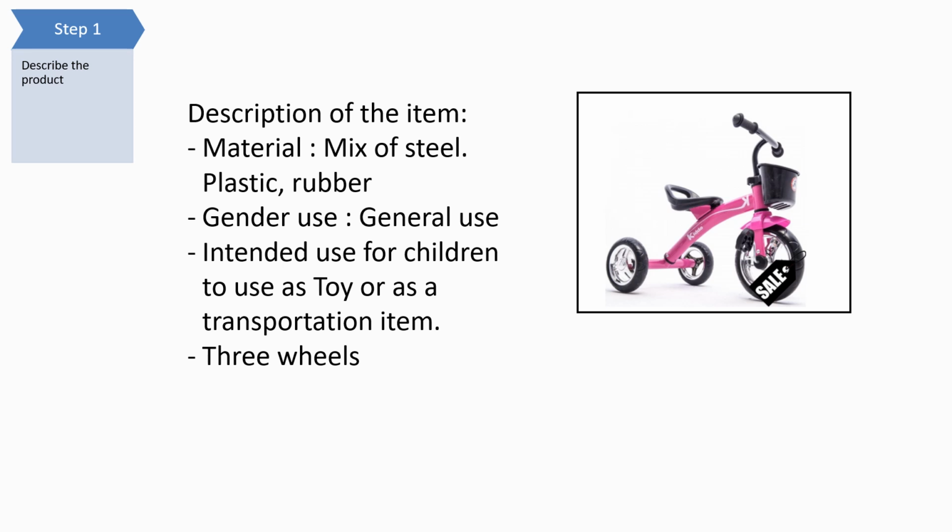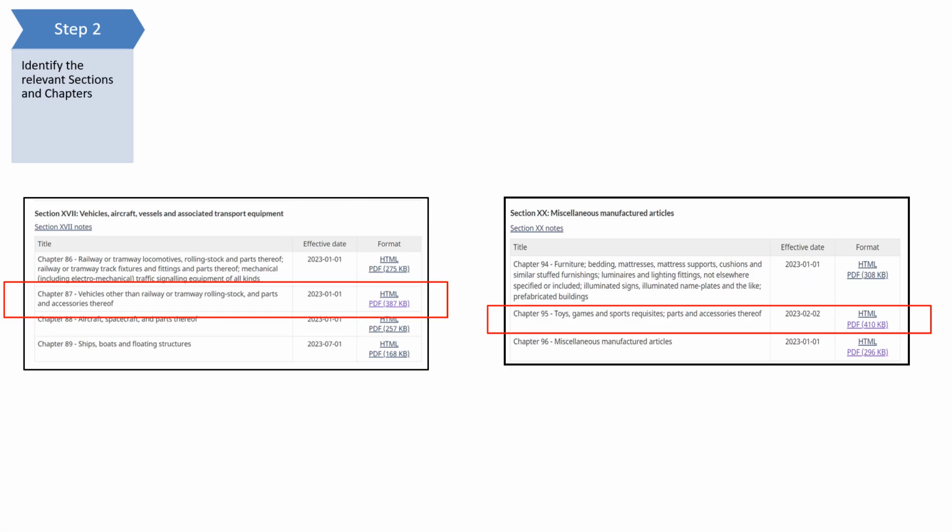Good. Step 1 done. Now let's move to step 2. Step 2 is identifying the relevant sections and chapters that could apply to this product. So I have section 17, that is for vehicles, and section 20, that is miscellaneous manufactured articles.